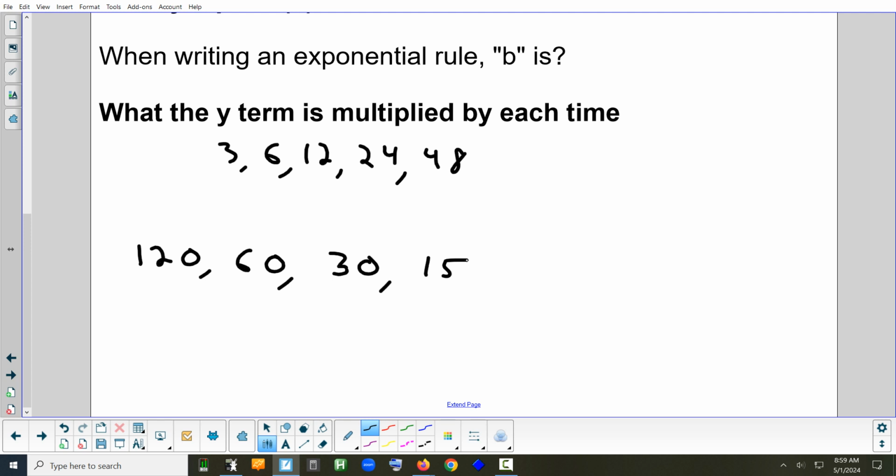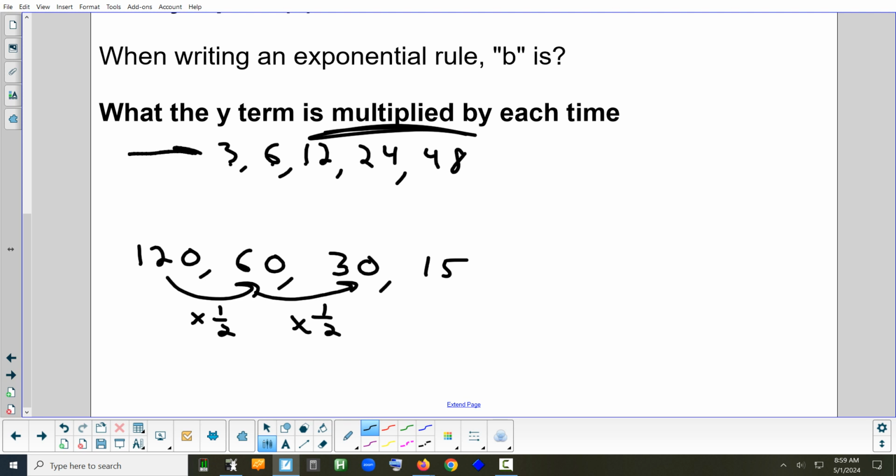Nope, if you multiplied by negative 2, it would be like 3, negative 6, 12, negative 24, and so on. So not negative 2. Multiplying by 1/2. Right, you're multiplying by 1/2. Okay? And that's how we have to start to think about it. We can't think about it as dividing by 2 because the pattern has to be multiplication. Okay? So it's timesing by 1/2.